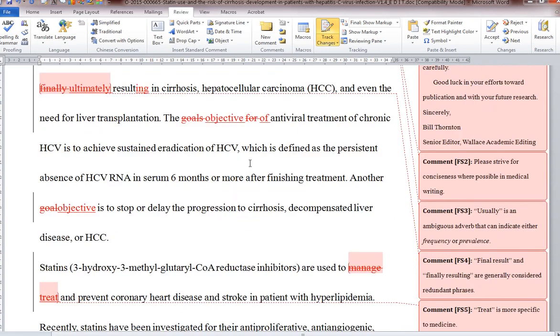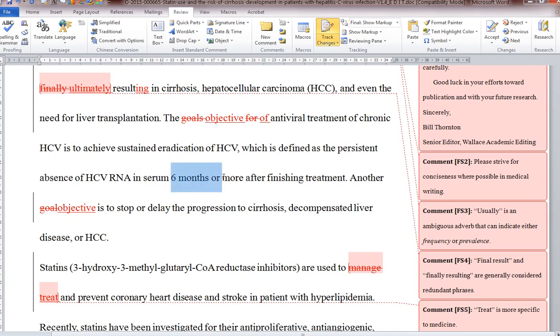And I was taking a look here, and that reminded me of this clause, which is defined as the persistent absence of HCV RNA in serum 6 months or after finishing treatment. Yeah. Sometimes we do go back, and I'm going to go back.